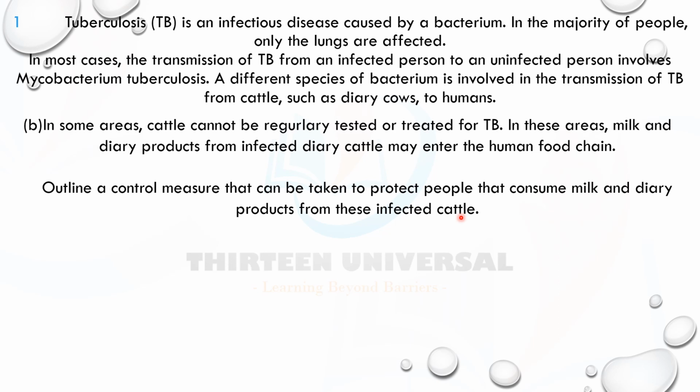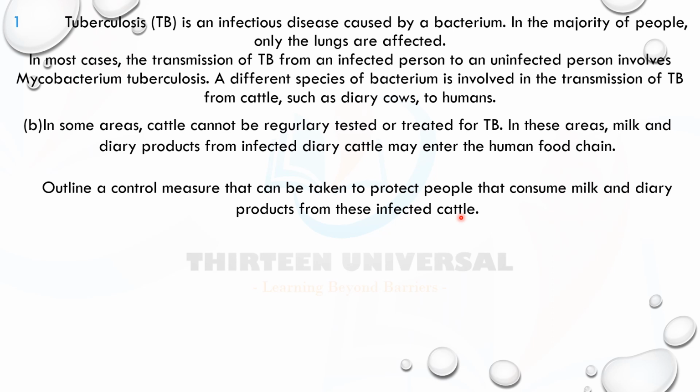Okay, you have to pasteurize the milk. Heat it at a high temperature, at a particular temperature, about 72 degrees Celsius, but just heat it. This is what we call heat treatment of milk. Heat treatment of milk will kill the pathogen.